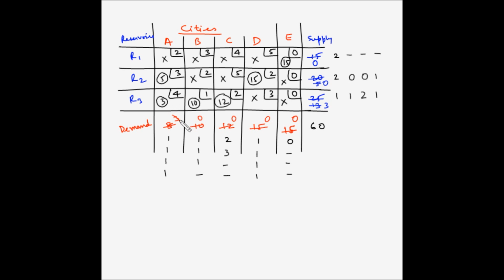So with this allocation, the entire demand at A has been met and also the entire supply capacity at R3 has been exhausted. So with this allocation, all the supply and demand has been allocated, and this allocation forms the basic initial feasible solution. So let's find out the total cost of transportation that we have achieved using the Vogel's approximation method.